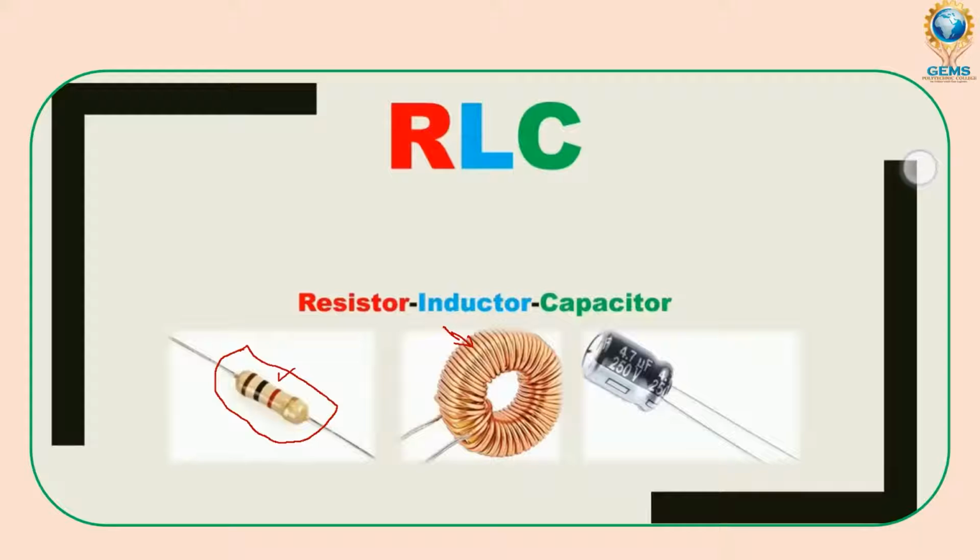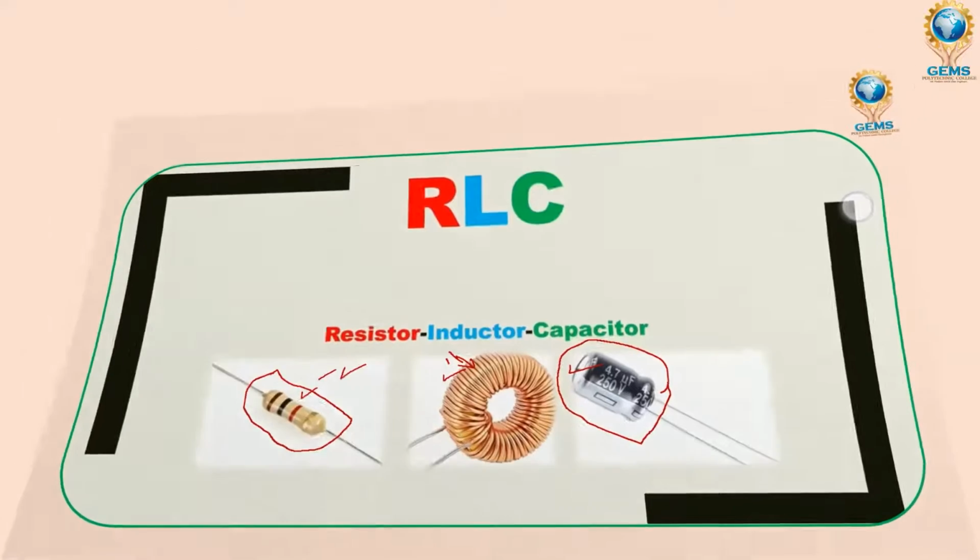Next one is capacitor. In general you can see the capacitor like this in any electrical circuit or any mobile charger. Inside the mobile you can see these components: inductor, resistor, capacitor. Here you can see resistor.